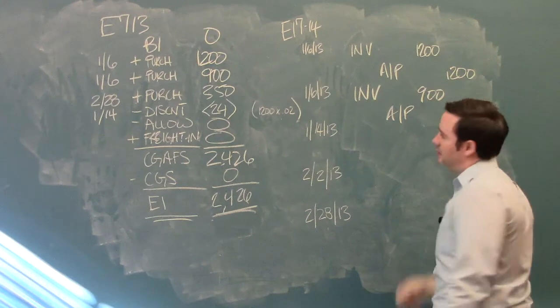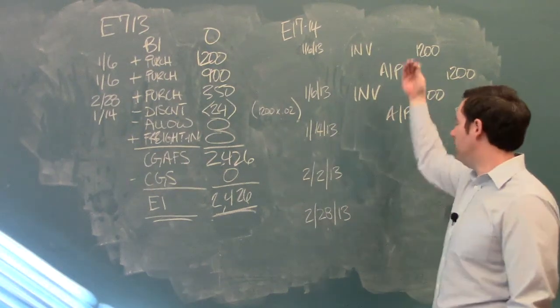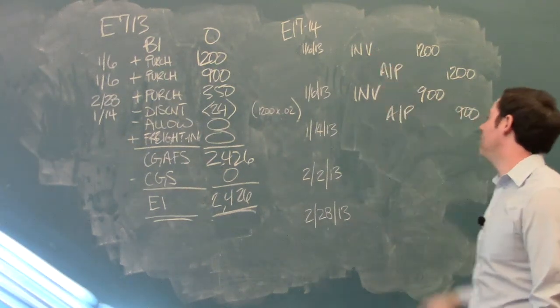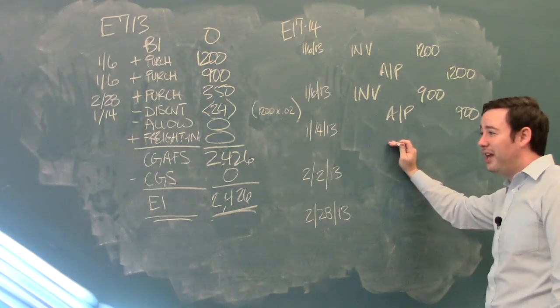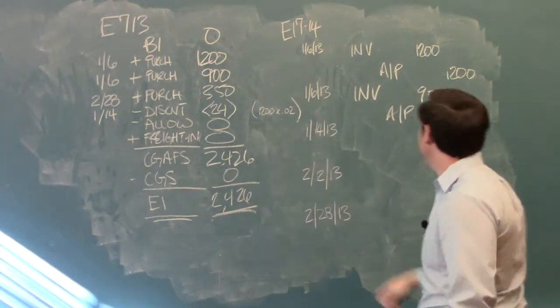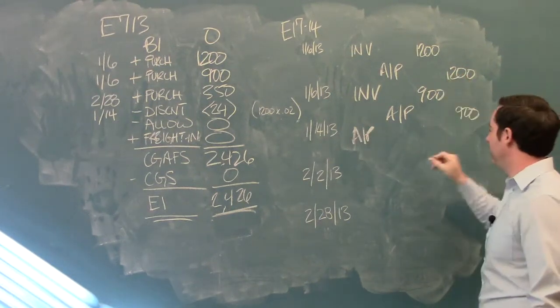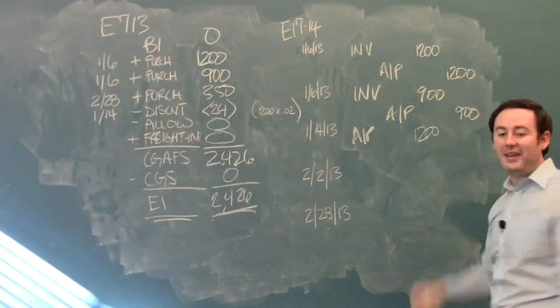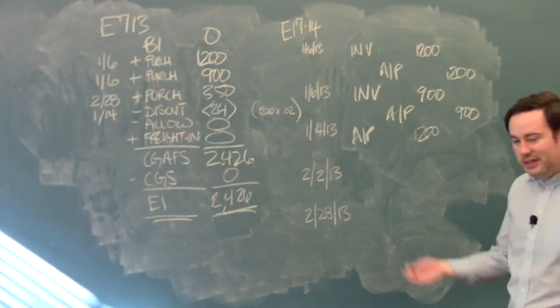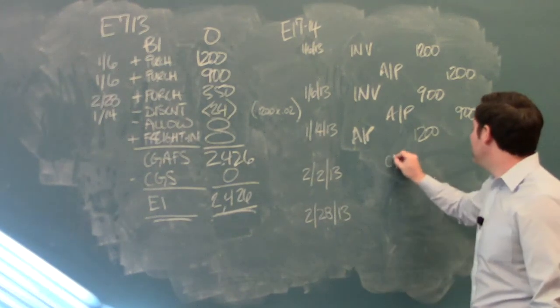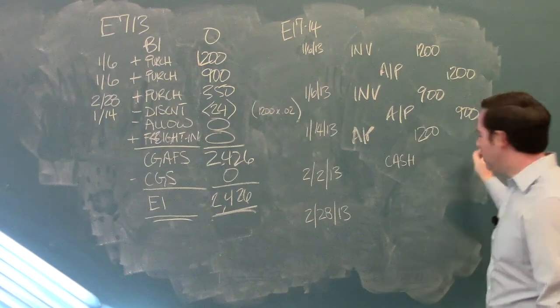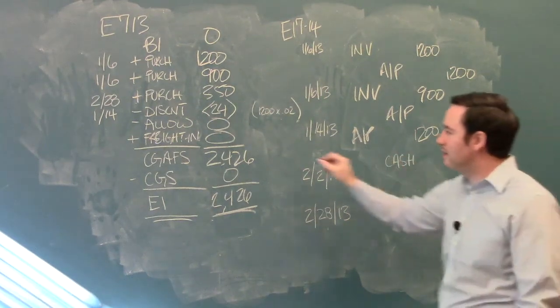The next thing that happens is that we actually pay Green back, right? Green was our first purchase. We pay them and we get to take full advantage of the discount, which is $24, okay? So when we pay them back, we have to debit accounts payable. We have to get rid of the entire amount of accounts payable that we owe, because even if we're not giving the full amount of cash, we're still not going to pay it again. So it needs to come off our books, right? We know we're going to give them cash, but we don't know how much yet until we take into consideration the discount.